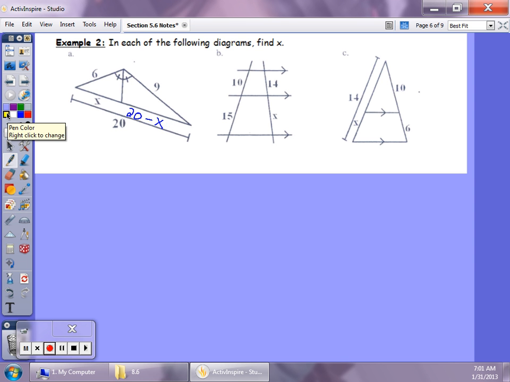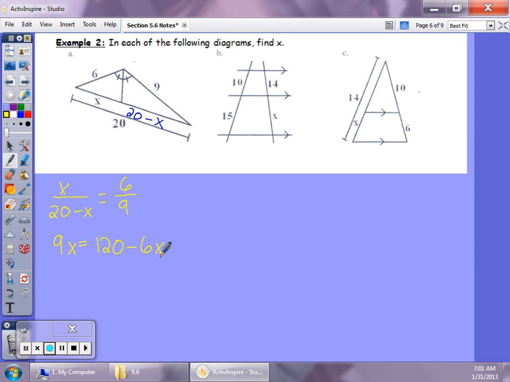So using what we just learned about the triangle angle bisector theorem, we can take x over 20 minus x and set that equal to 6 over 9. Then from here, we can go ahead and cross multiply and solve our proportion. So we are left with 9x equals 120 minus 6x.